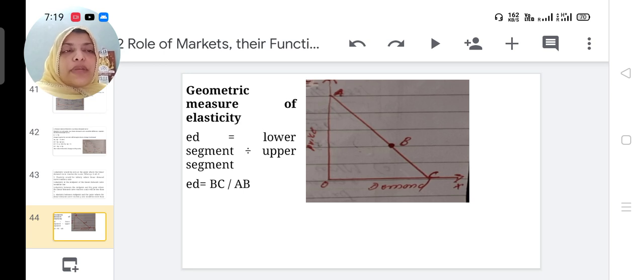There is a demand curve AC, and there are different points A, B, C on the demand curve. So for measuring elasticity through the geometric method, ED is equal to BC, that is the lower segment, divided by AB, that is the upper segment.